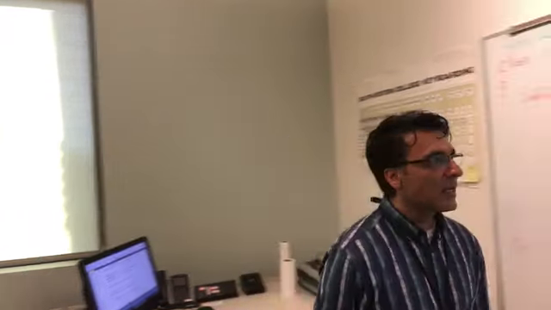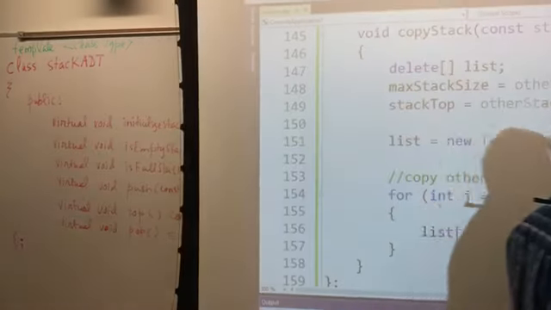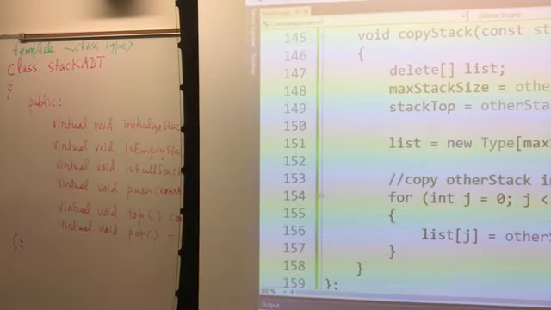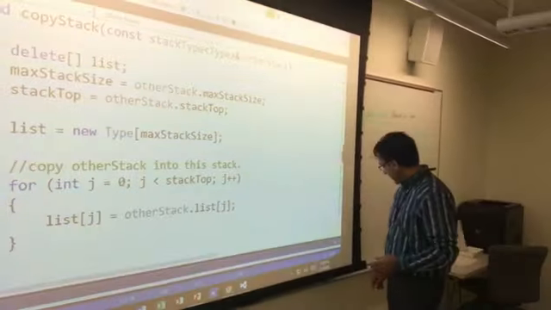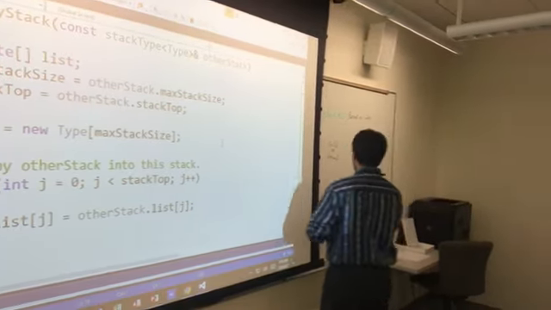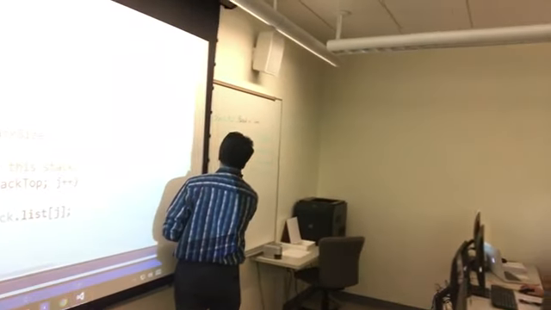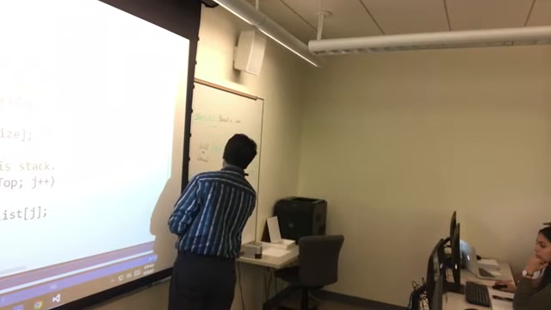And the copy stack, let's talk about copy stack. So copy stack takes an argument of the other entire stack. Now you say, how do I call copy stack? Right, let's say you have stack 1 equals stack 2.